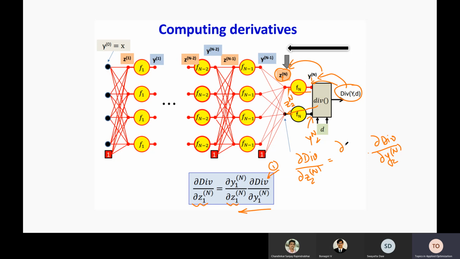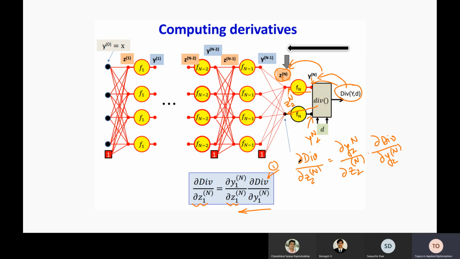So then I will do the final del y2n divided by del Z2n.